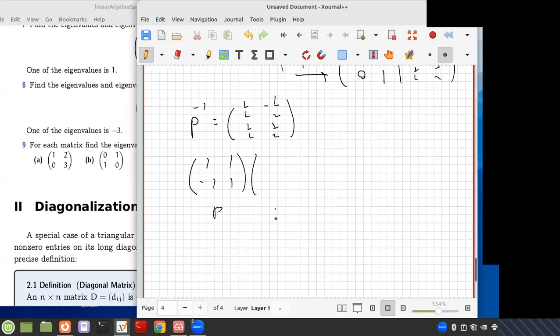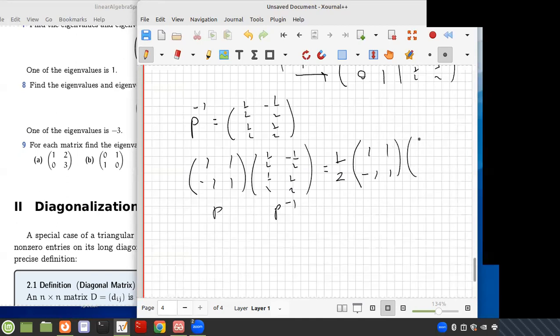Because this is 1, 1, minus 1, 1, and we multiply, that's P, we're going to put P inverse here, 1/2, minus 1/2, 1/2, 1/2. And we can pull a 1/2 out of that matrix. This is going to be 1/2 times 1, 1, minus 1, 1 times 1, minus 1, 1, 1, which equals 1/2. 1 times 1 plus 1 times 1 is 2.